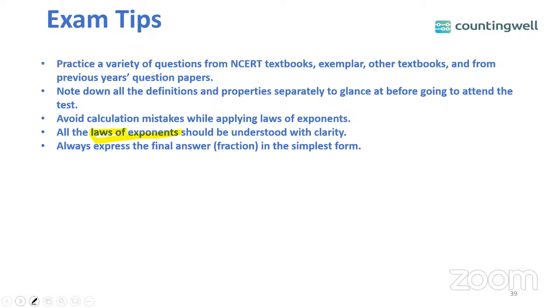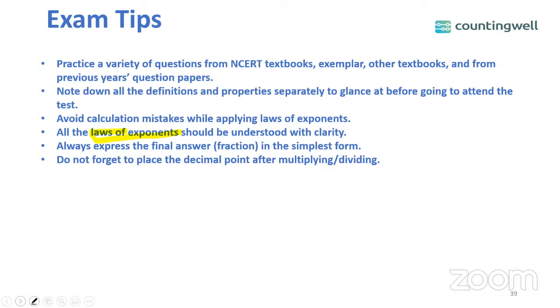Simplest form means that if you have got an improper fraction, you can write it in mixed form. Or if you have a proper fraction, then make sure that there is no negative sign in the denominator and no common factor for numerator and denominator other than 1.